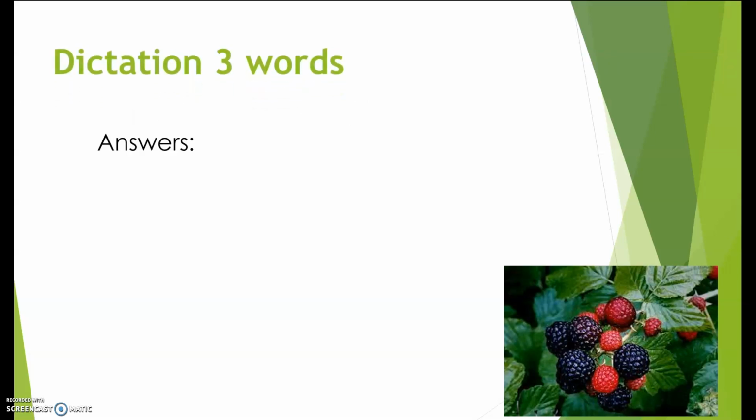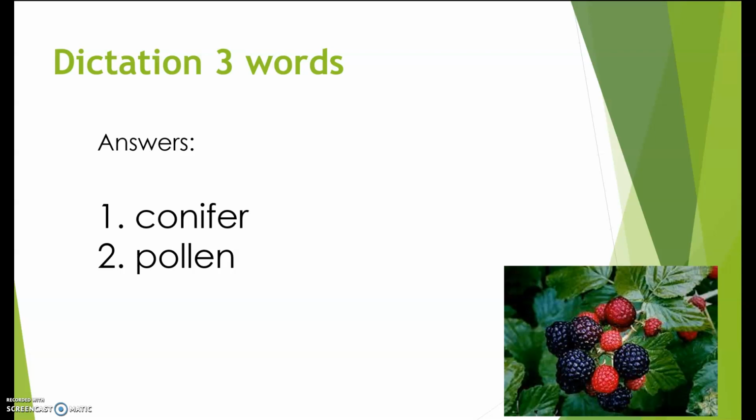Okay, now let's check your answers. Please bring your red pen. If your answer is correct, please put 1. If your answer is incorrect, please copy the correct answer. Okay, let's read together. Number 1, conifer. C-O-N-I-F-E-R. Conifer.